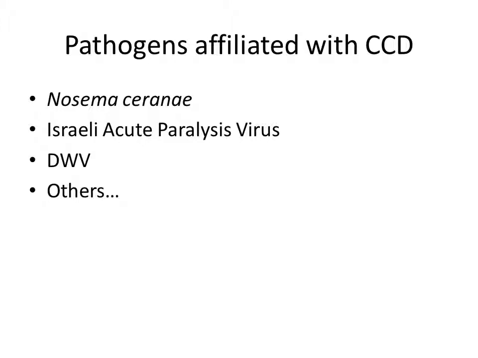Then there is deformed wing virus, which manifests in basically adults that are useless to the colony as their wings are shriveled up and deformed. And as I mentioned, there are many other diseases; again, anything that affects the honeybee colony likely increases its chances of experiencing colony collapse disorder.